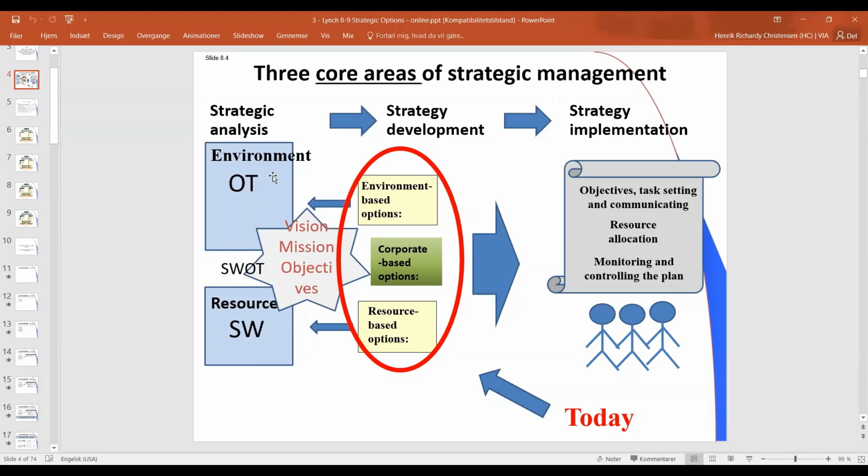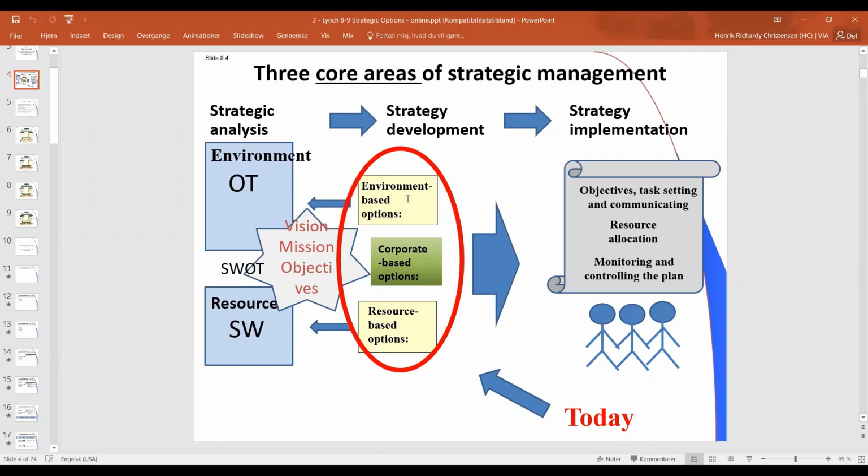That is one way to apply the results of the analysis of our environment in developing a specific option. So it's not that we are just saying, okay, we will go for this broad target and cost leadership.